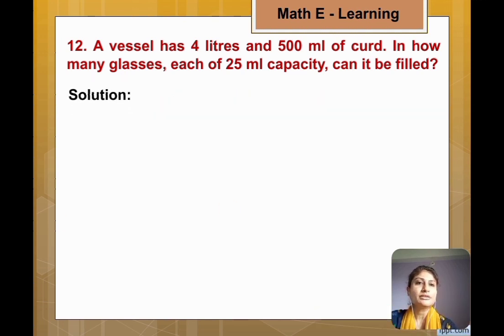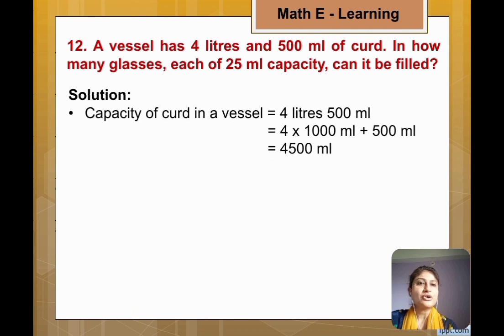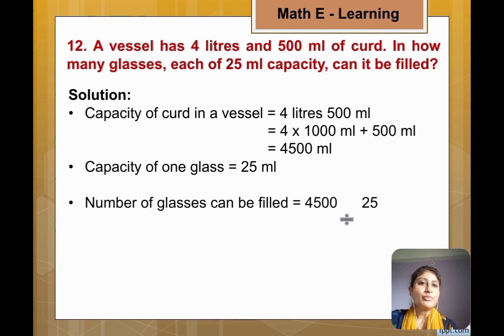Now how to write? Capacity of curd in a vessel is equal to 4500 ml. Capacity of one glass is equal to 25 ml. Number of glasses that can be filled is equal to 4500 divided by 25. By doing division, we get 180 as the answer.